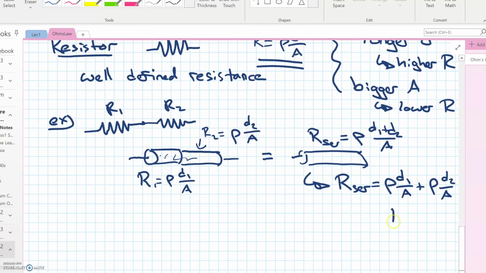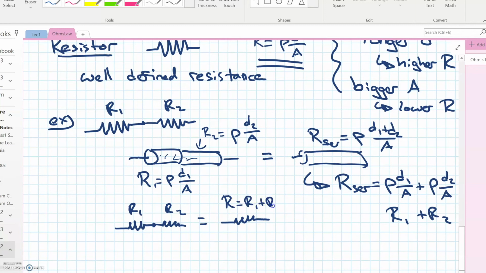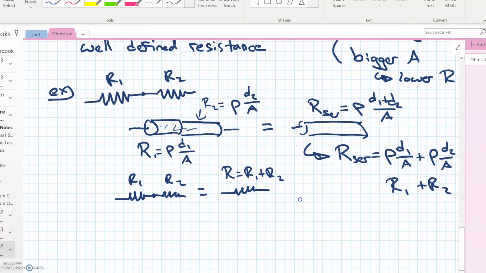And that was actually just R1 plus R2. And this is the law for a series addition of resistors. If we put two resistors end to end, it makes a new resistor, which is just the sum of the individual resistances. We're going to make a longer resistor.